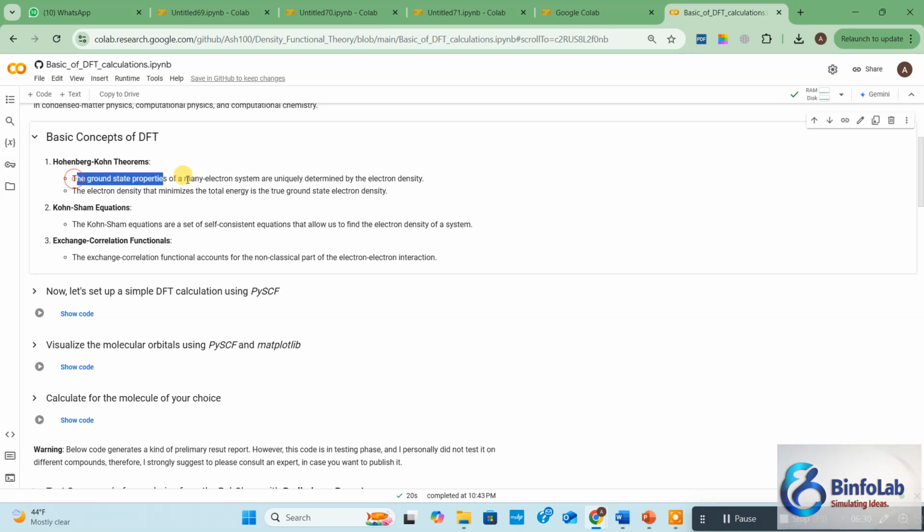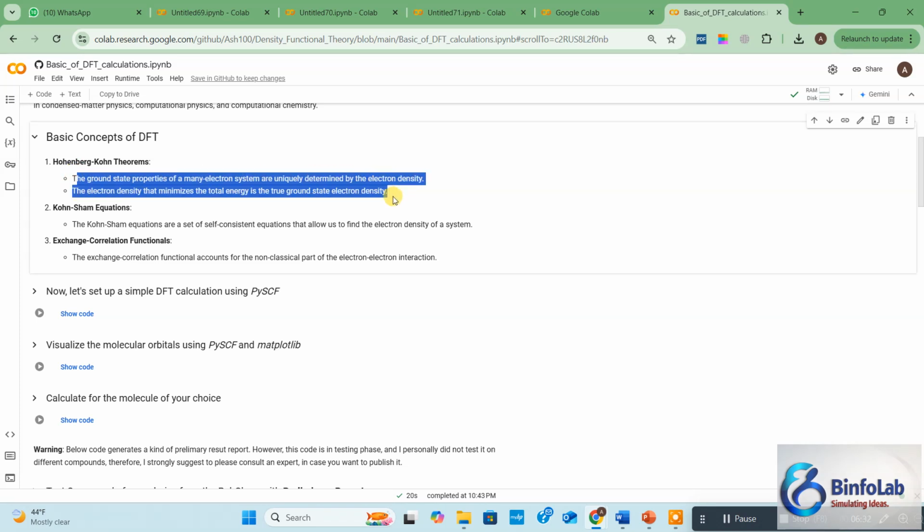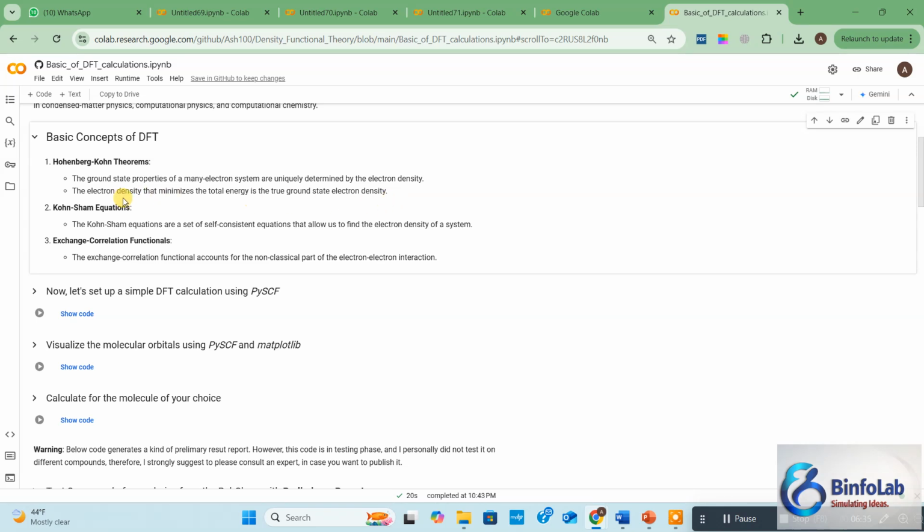It has two main points or postulates. The first one is that the ground state of many electrons is uniquely determined by the electron density. The second one is that the electron density that minimizes the total energy is the true ground state electron density.